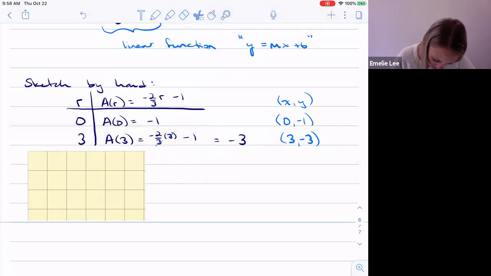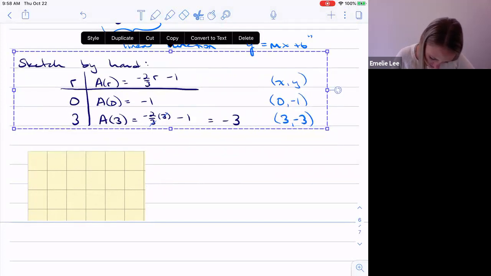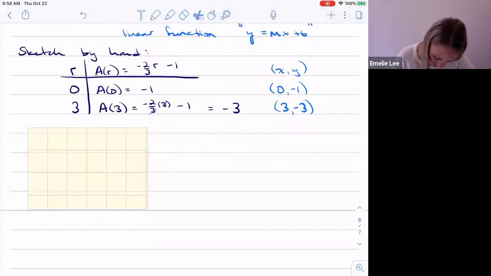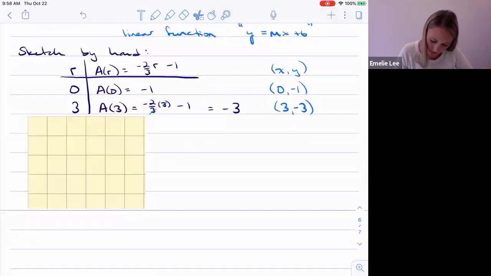I need a little bit more room here. And for my x values, what I have is x is 0 and x is 3, right? And then I've got a y of negative 1 and negative 3.